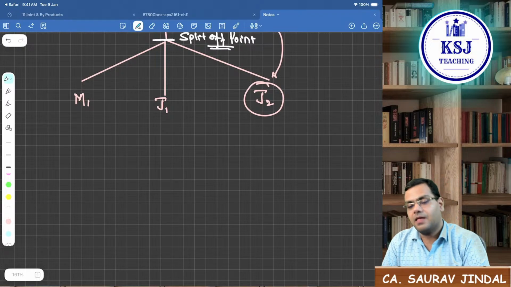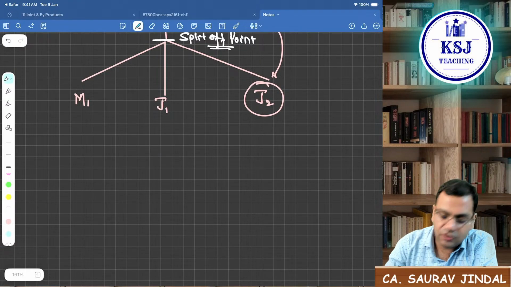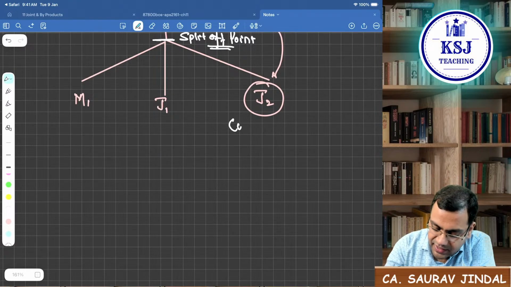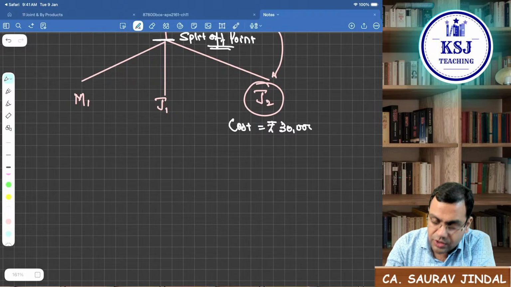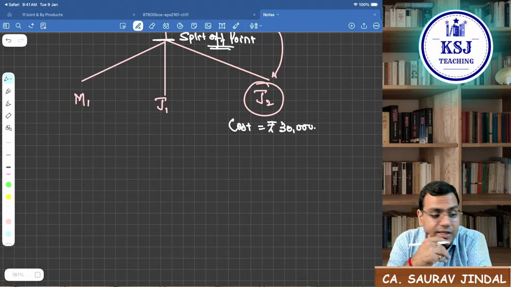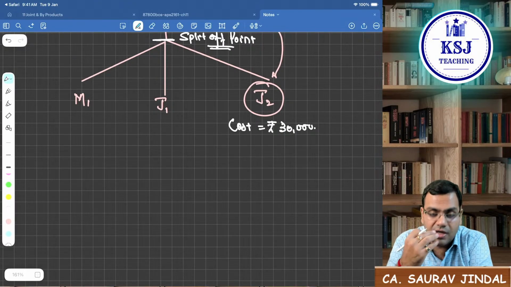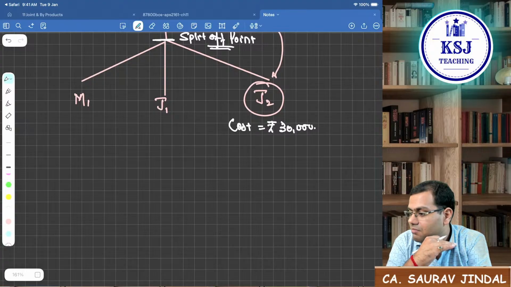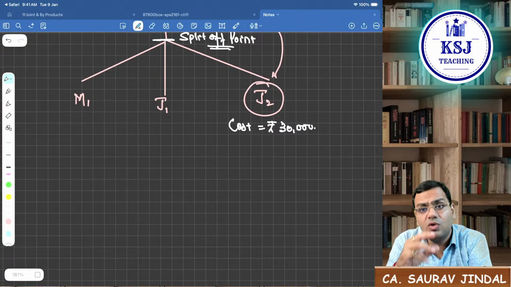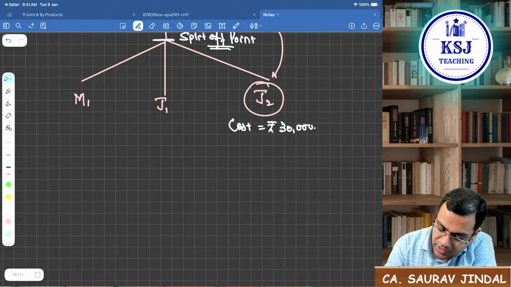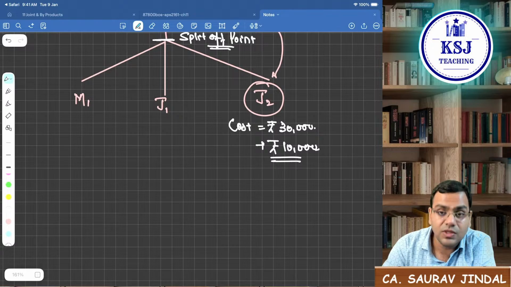Then let's say you have identified that the cost of J2 is 30,000 rupees. Now you go to the market and try to sell J2, but the market says, sir, this J2 product cannot be sold like this. This product as such will not have any market. So they say, do some further processing on this. So you have to incur a certain extra cost, let's say 10,000 rupees.